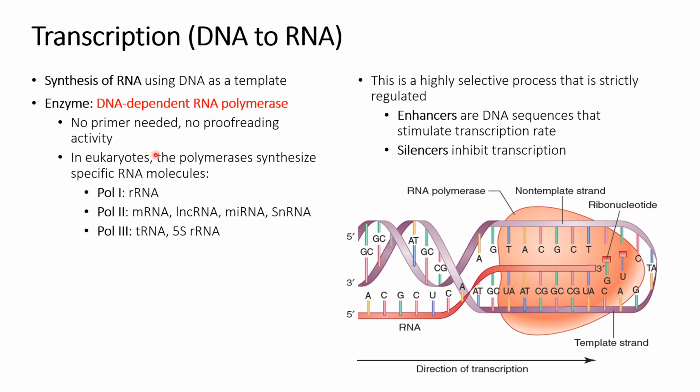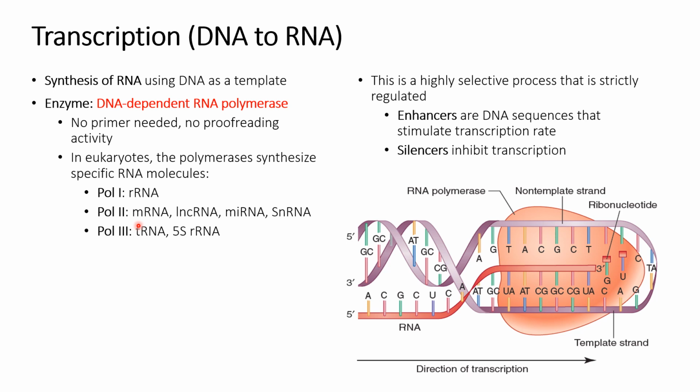So in eukaryotes, again, we are using the prokaryotic transcription to describe the process. But in eukaryotes, tandaan, the polymerases synthesize specific RNA molecules. For example, polymerase 1 synthesizes ribosomal RNA, polymerase 2 synthesizes mRNA, polymerase 3 synthesizes tRNA or 5S rRNA.